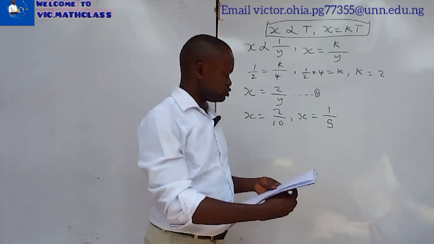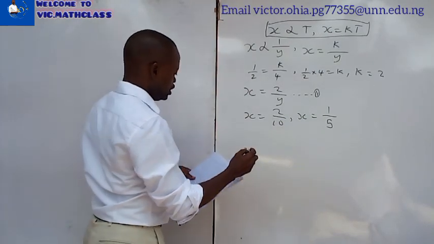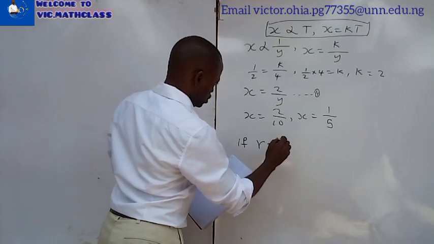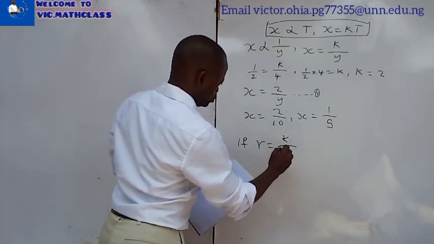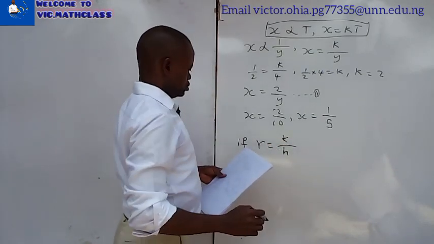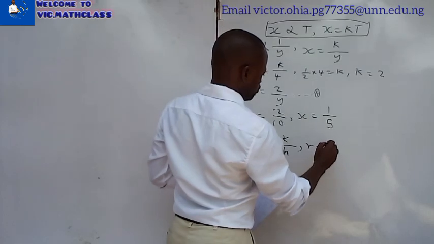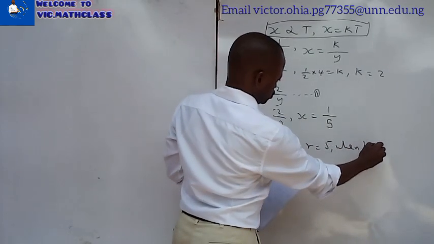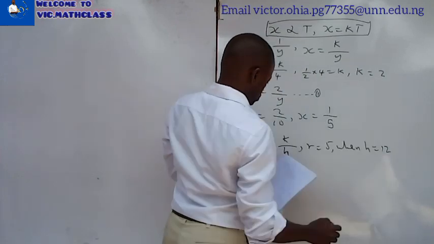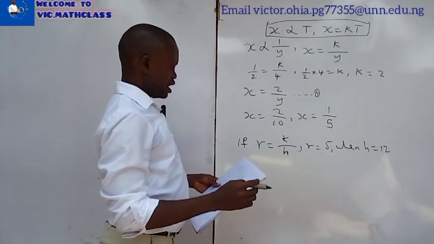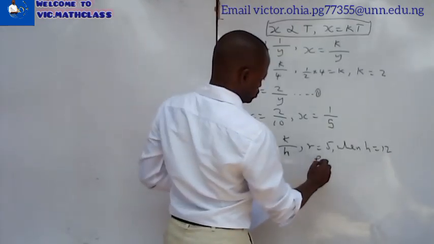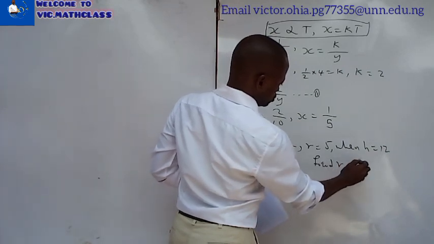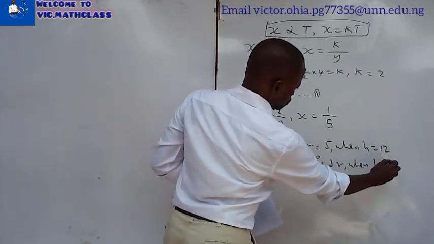They said r = k/h, then r is 5 when h is 12. Then find r when h is 20.